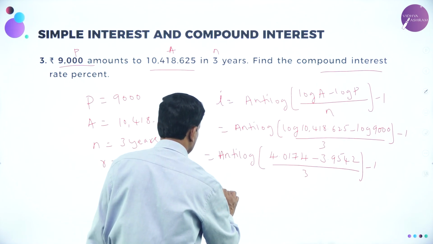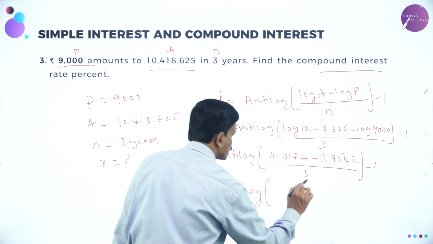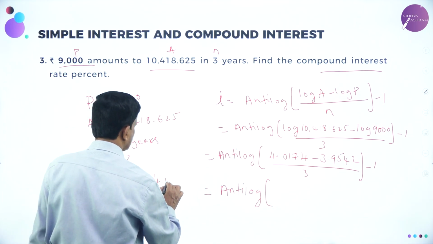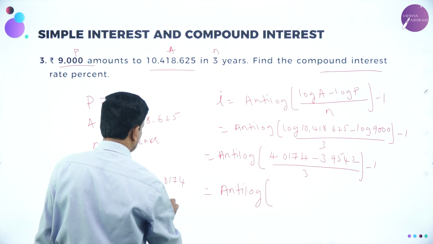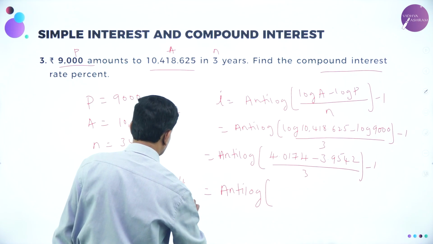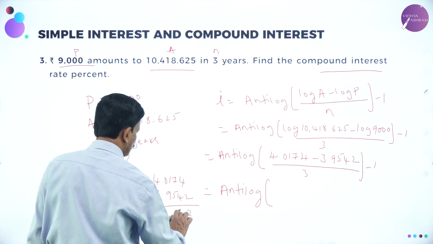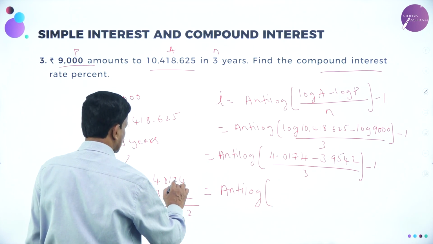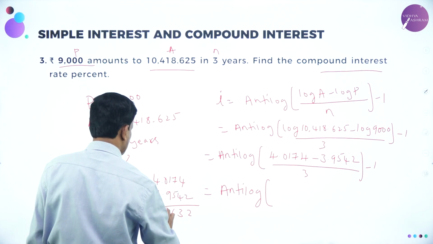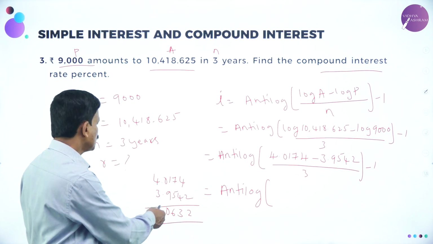So this is equal to anti-log of, subtract these two. 4.0174 minus 3.9542. If you subtract, what will you get?